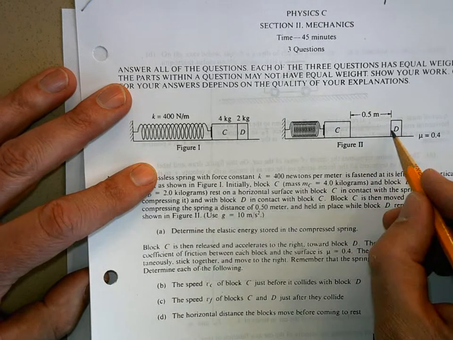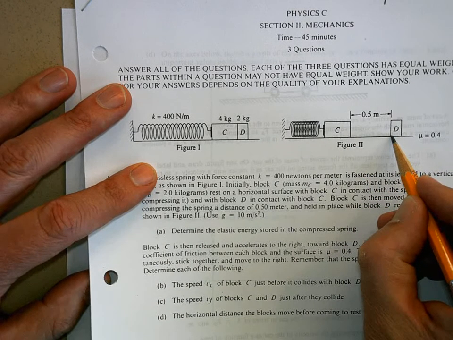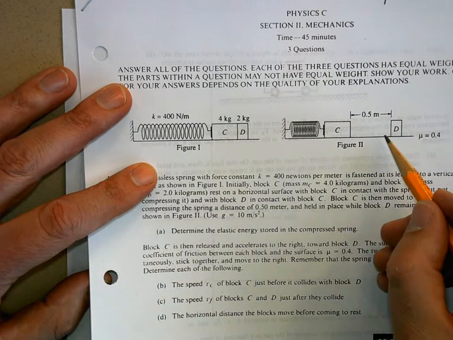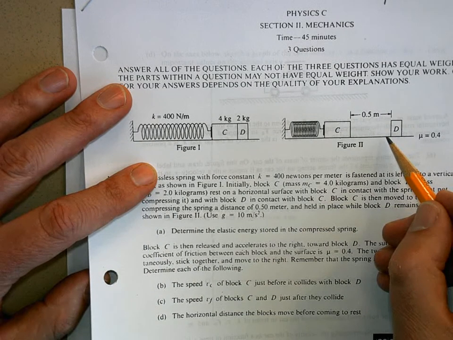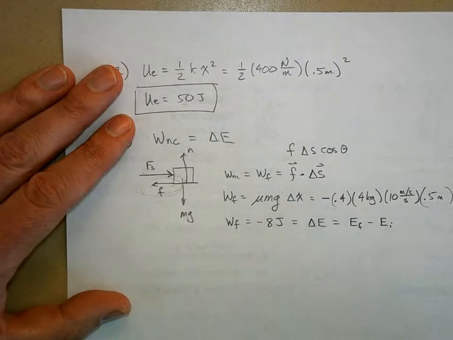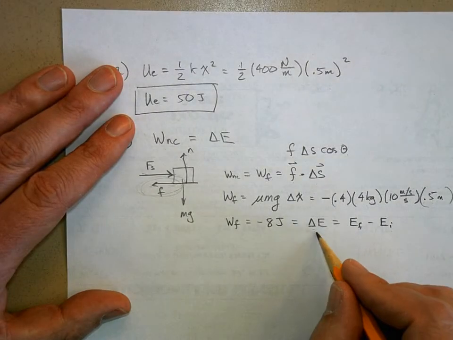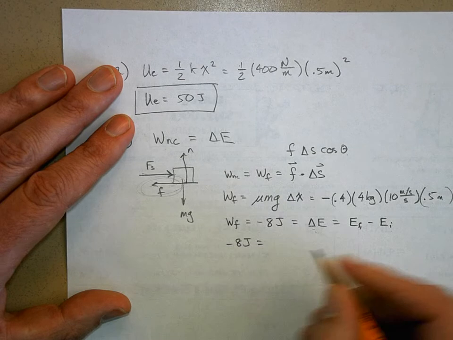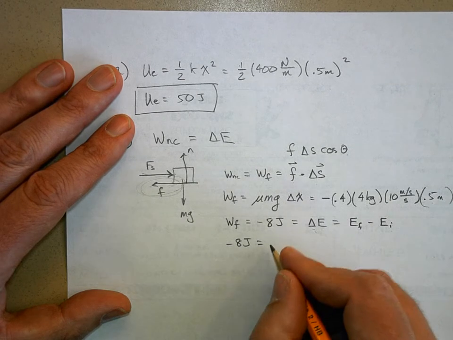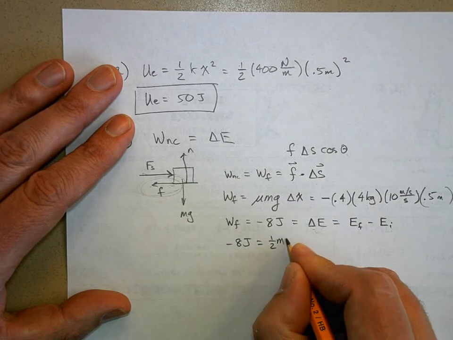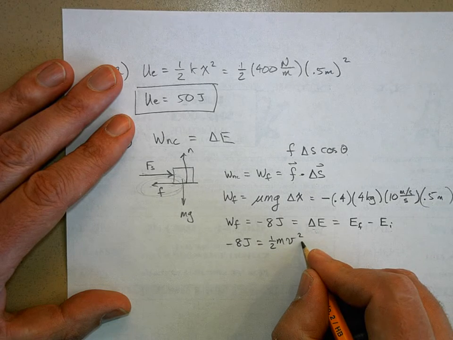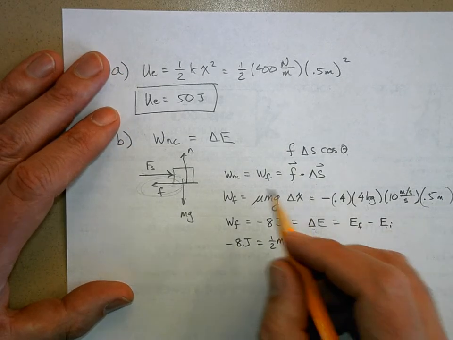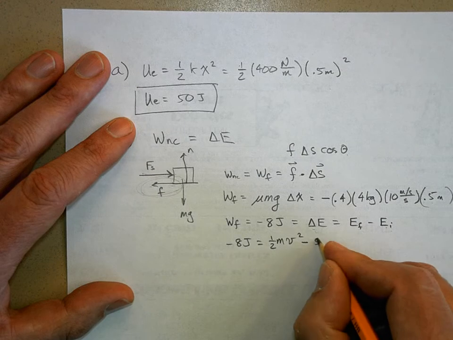When it goes all the way out here, when it collides with D, what kind of mechanical energy is left? It's kinetic energy. And I'm going to lose some energy. So negative 8 joules will be equal to E final, which is 1/2 mv squared, minus E initial, which was 50 joules.